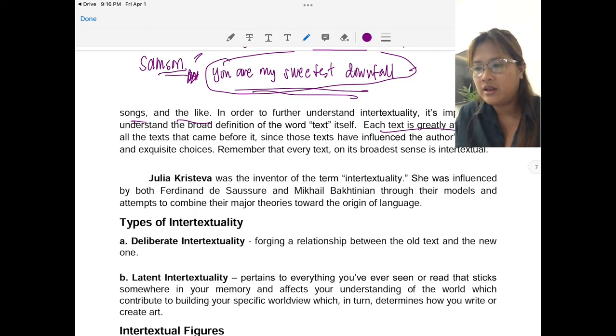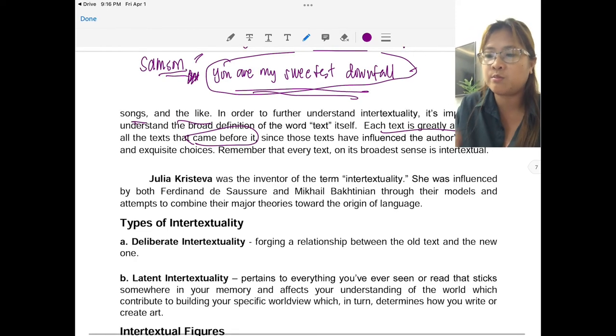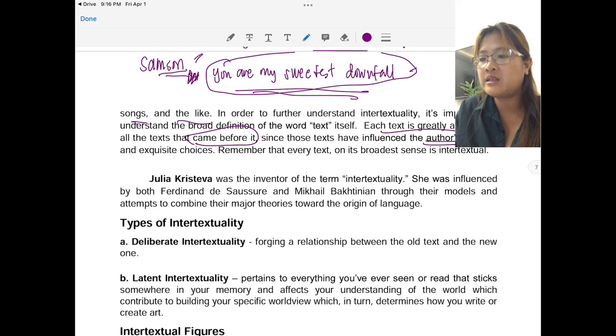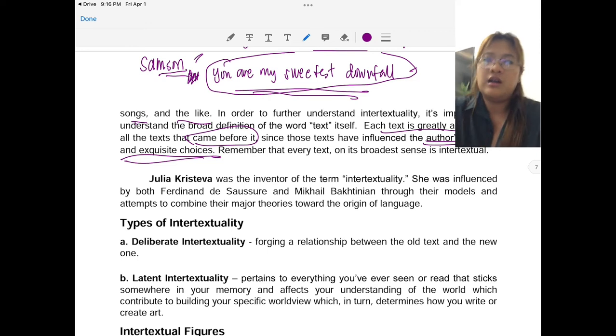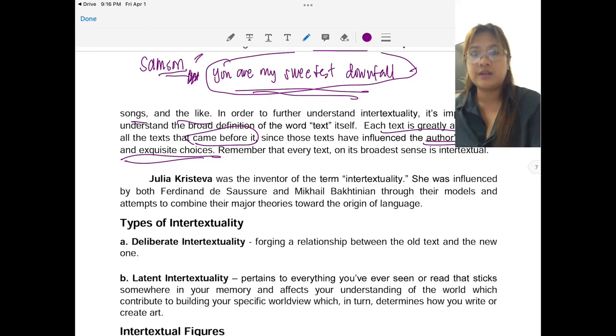Okay? So each text is greatly affected by all the texts that came before it. There's the influence of the texts before it. Since those texts have influenced the author's thinking, especially if the author is a wide reader and his exquisite choices. Nagre-reflect yan with what the reader actually reads before he wrote those texts.